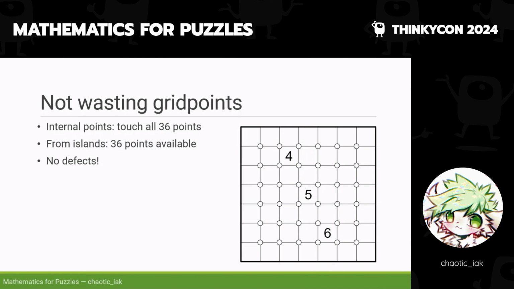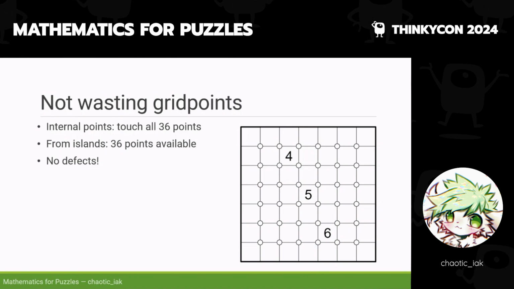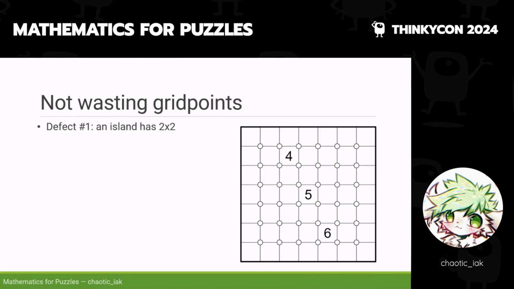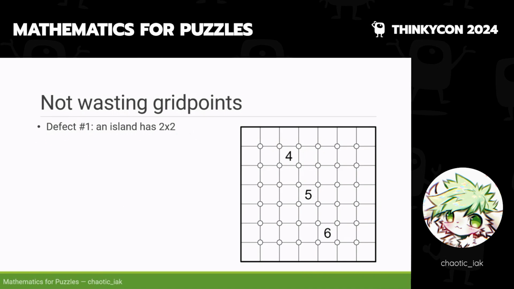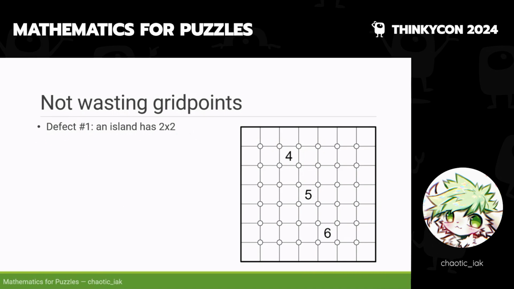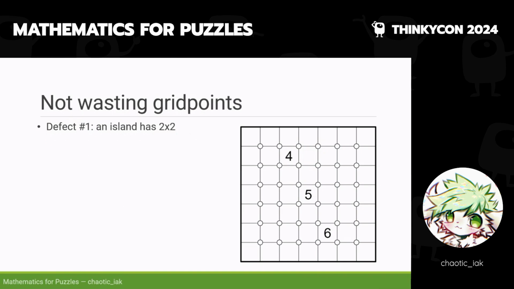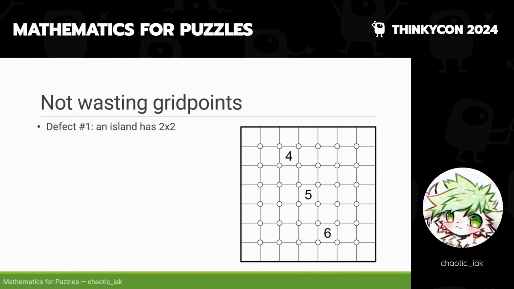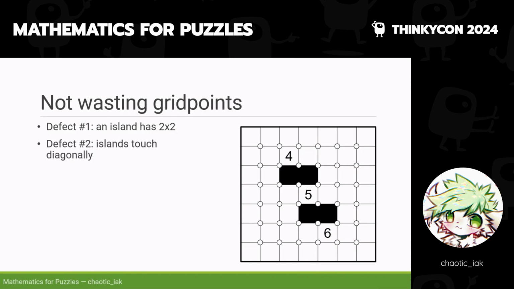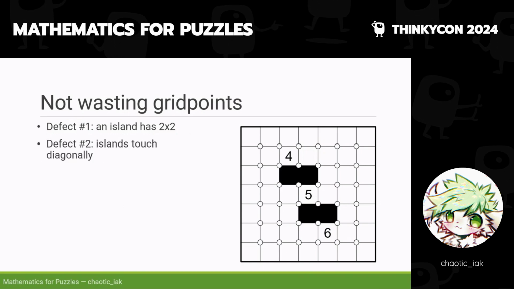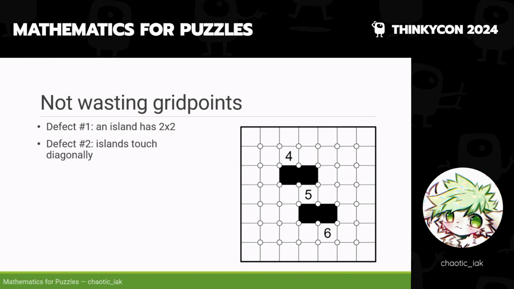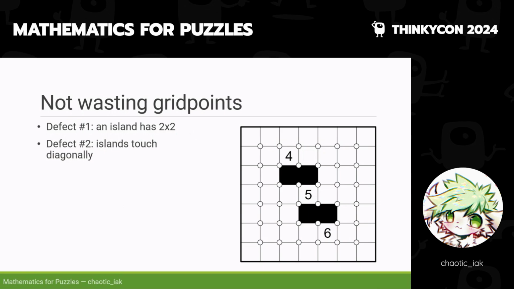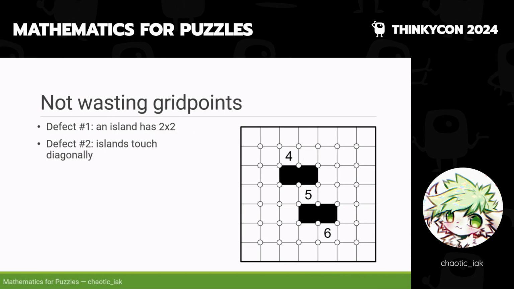And in our puzzle, I said there are no defects. So each of these three defects do not happen. The first defect is actually not very useful in this puzzle. It's the other two defects that are useful. For example, the second one, if islands touch diagonally, that's a defect. We cannot have that. So these cells must be black.